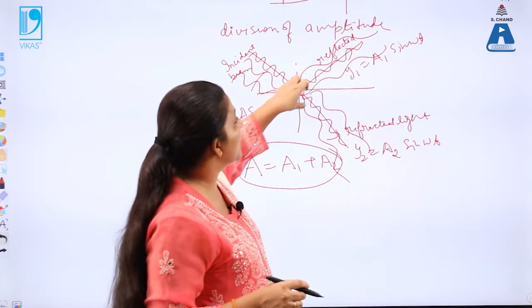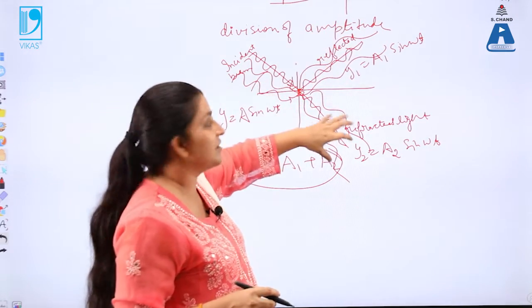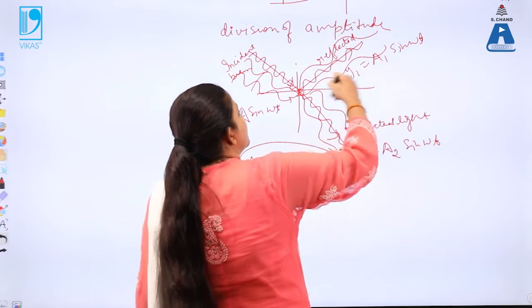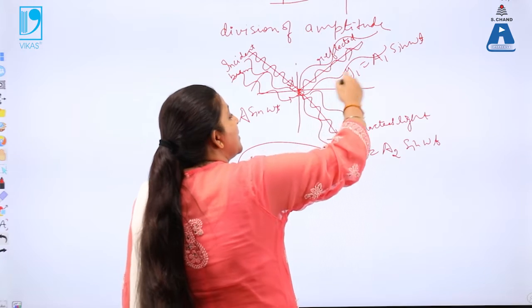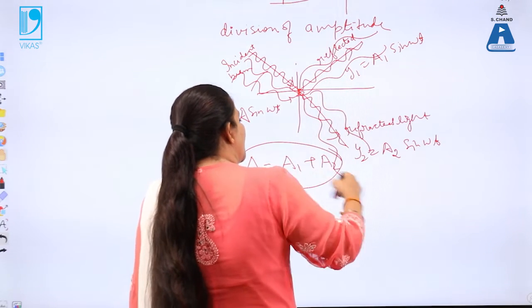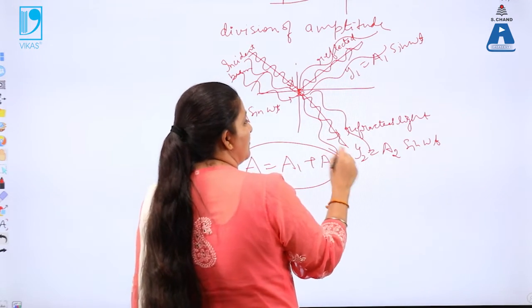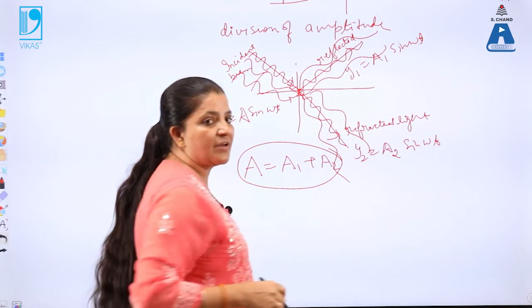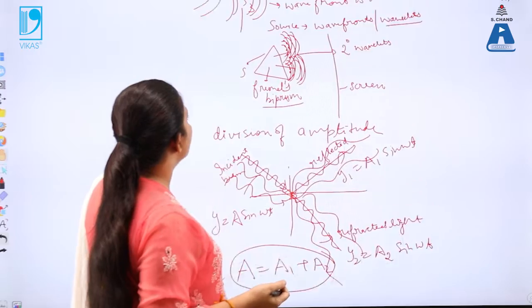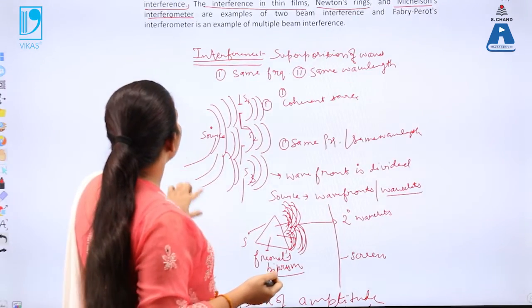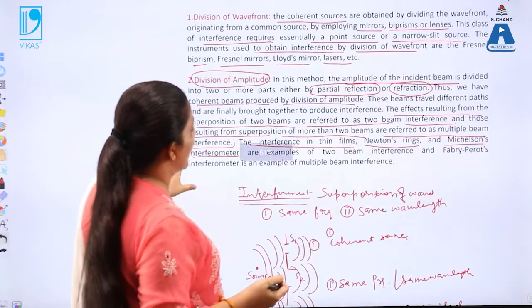When multiple beams are reflected or refracted, these beams superimpose on each other to give the interference, and we get one resultant wave. So this is called the division of amplitude.